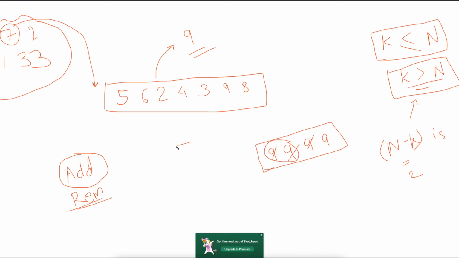Let's say we add 2 from the array, and now we have done one operation. So we have made n minus k go from even to odd, and notice that we haven't added the maximum element. In this case we have added some other element apart from the maximum element. Now n minus k is odd, so after this we can perform the similar trick which we did when n minus k was odd.